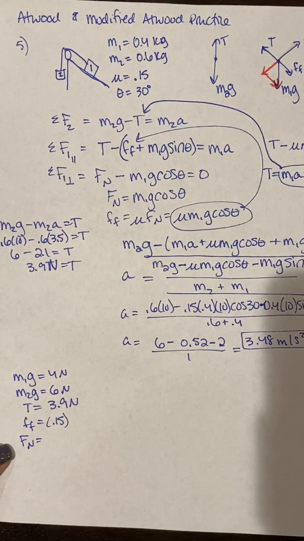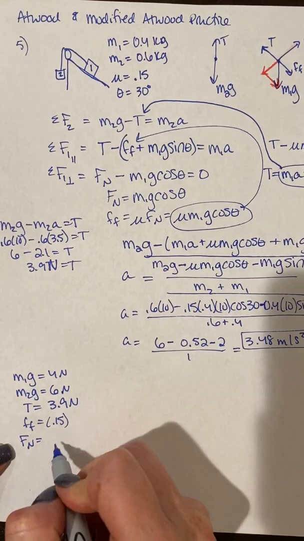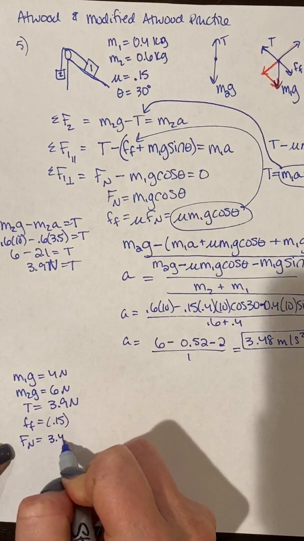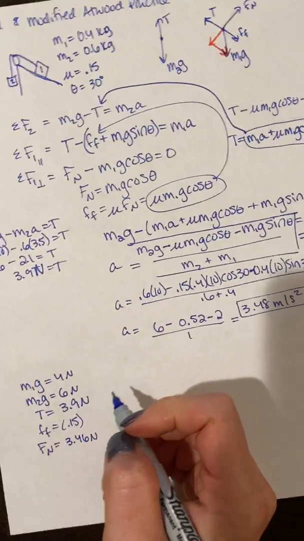So 30 cosine times 10 times 0.4. 3.46 newtons. Let me write this out.